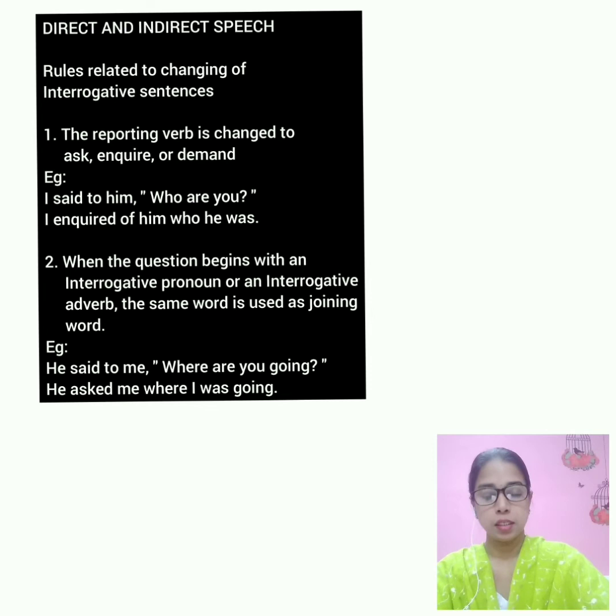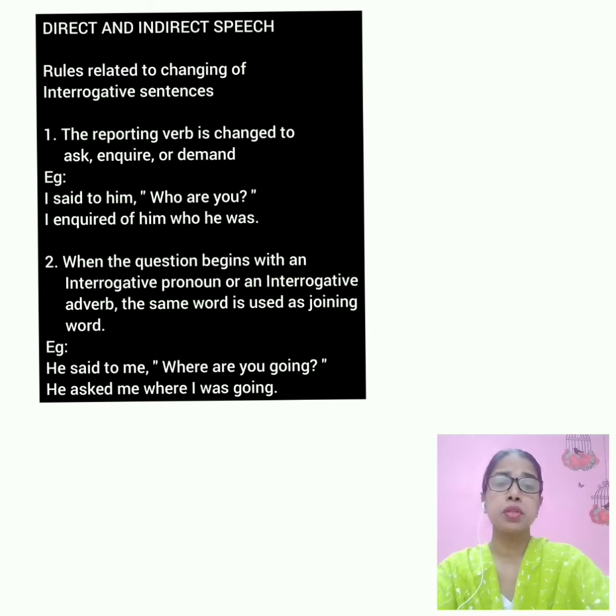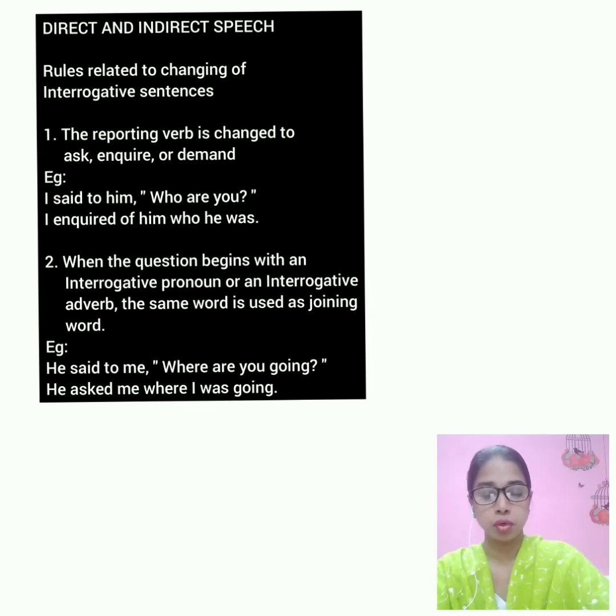That is, it becomes the joining word. So remember children, if the question begins with an interrogative pronoun or with an interrogative adverb, that same word will now be used as the joining word.